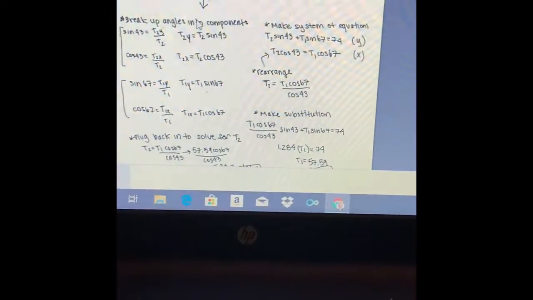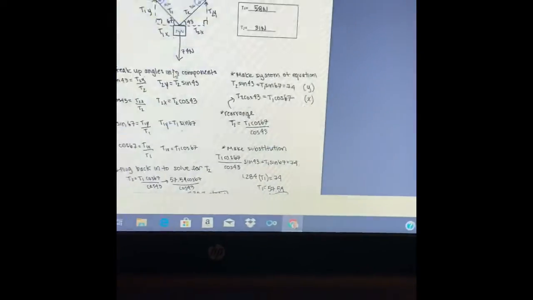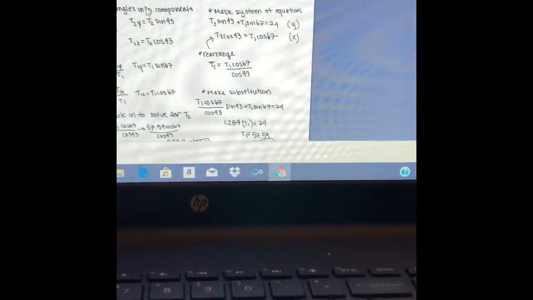The x's have to offset each other because it's not pulling horizontally, it's pulling vertically. So once you get those 2 equations, you have to rearrange the T2 equation for x.